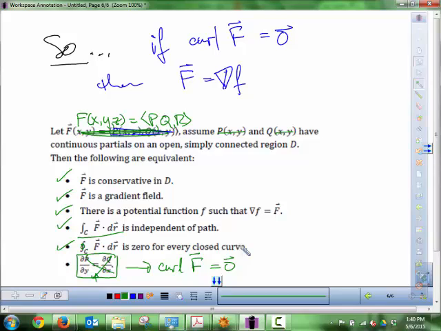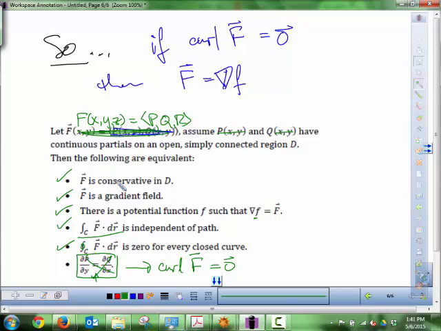Okay? So if the curl is 0 of a vector field, then all these things follow, which means we can use the fundamental theorem of line integrals. That's the path independence business. If we integrate over a closed curve, don't do anything, it's just 0. You can find a potential function, and you know that it's a gradient field.